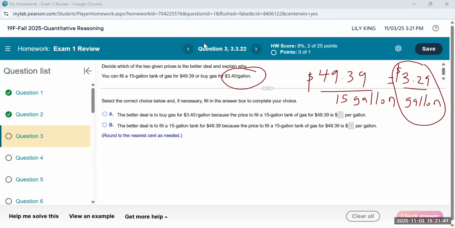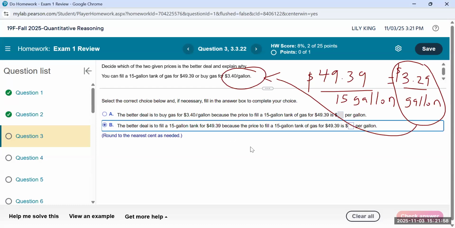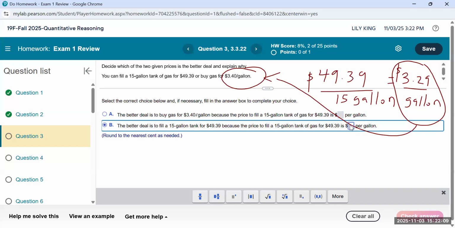And if you compare these two, which one is the cheaper option? All right, the cheaper option is 3.29 cents per gallon. So the better deal, which is also the cheaper option, is the 15-gallon tank for 49.39 cents, because to fill a 15-gallon tank of gas for 49.39 cents, this is 3.29 cents per gallon.